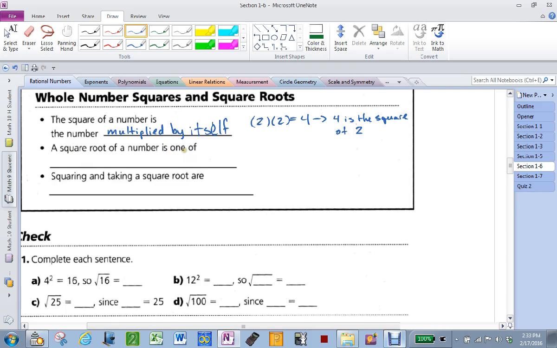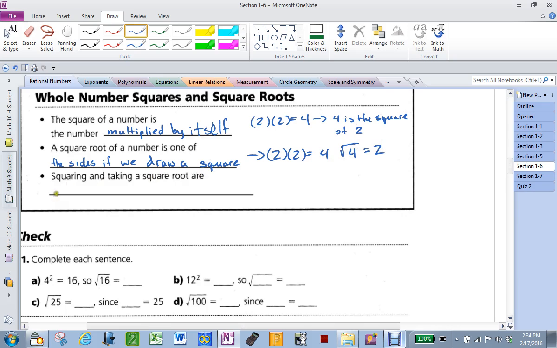A square root of the number is one of the sides if we draw a square. And a square root must be the same. So 2 times 2 equals 4, which means the square root of 4 is 2.